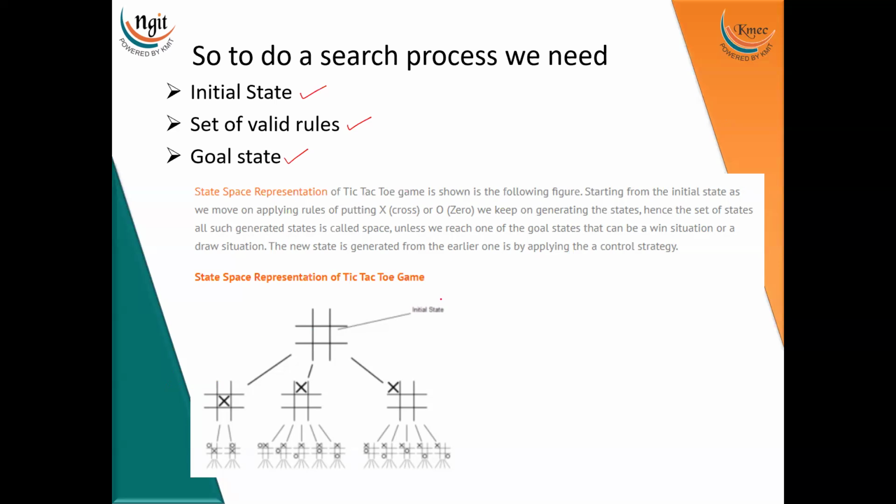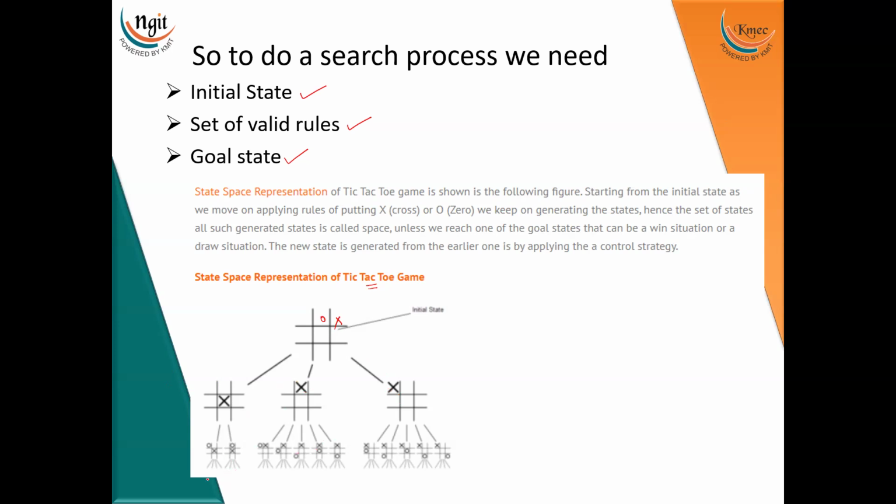And look at this diagram. This diagram is a state space representation of tic-tac-toe. I think everyone is familiar with tic-tac-toe. So this is the state representation. This is the initial state, and we will have a goal state. Starting from the initial state, we apply some rules of putting a 0 or a cross, and we keep on generating states.